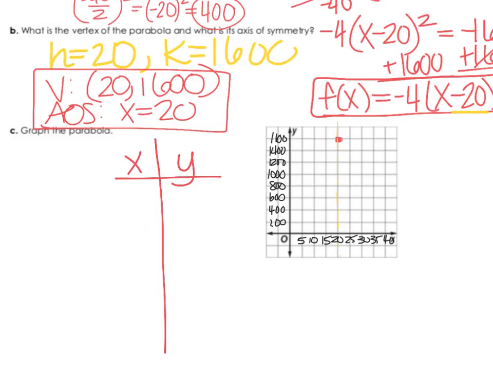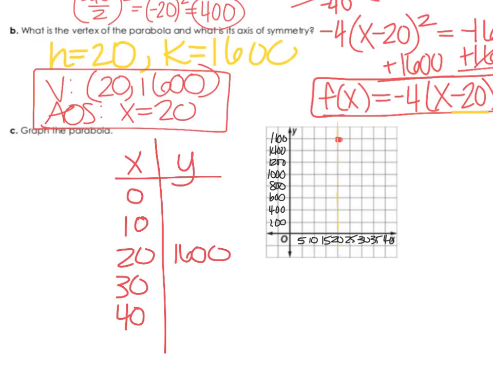We want to know what it is when x is 0, 10, 20. Well, we know what it is at 20. We know it's 1,600. 30, 40. Let's get some of those points.